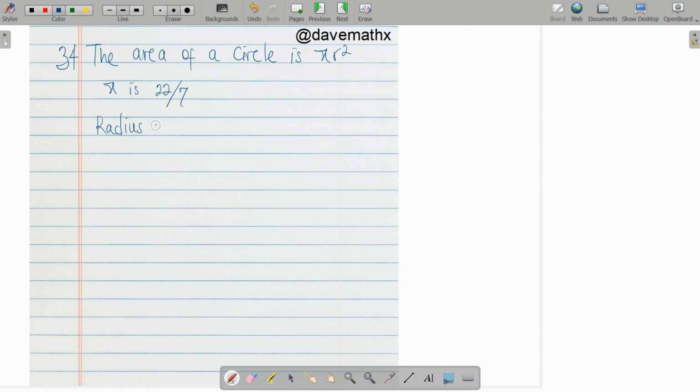Our radius is 7. So 22 over 7 times 7 square.